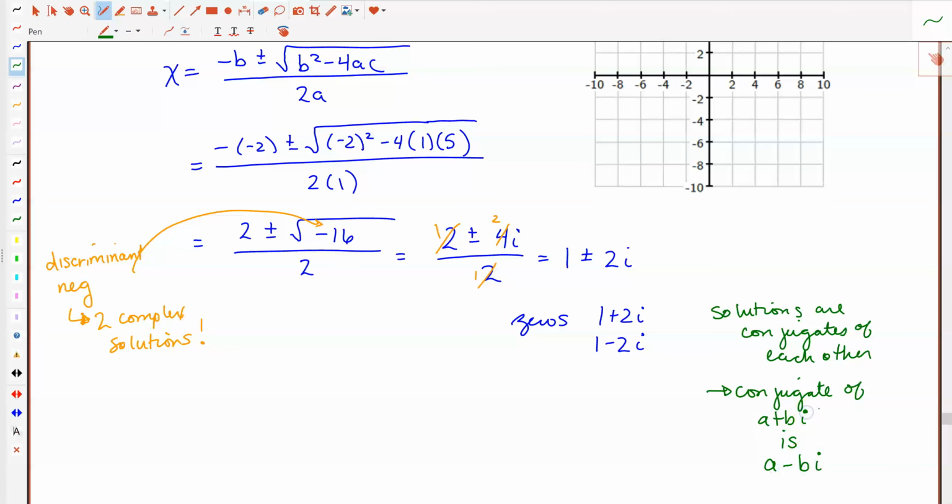So the real part is the same, the imaginary part is the same, but you're going to have a sign switch, and those two pieces are called conjugates of each other. So for every zero that you get that's complex, its conjugate is also going to be another zero for the function. Right? So just fun fact. So those are going to be my zeros. Because they're complex, the x-intercepts, there are none.